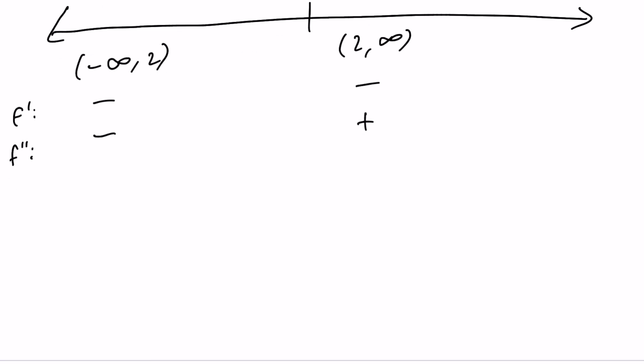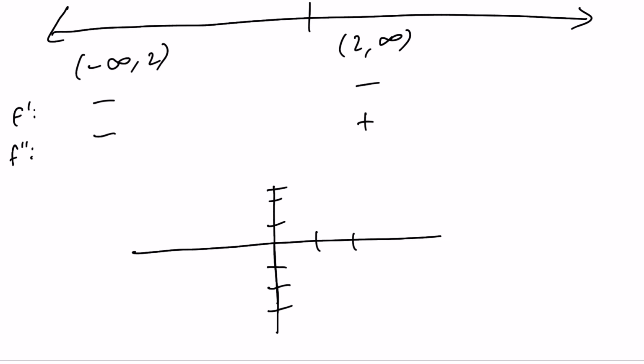And how do we plot this? So we know that we have a vertical asymptote at x equals 2. Let me draw this line here.